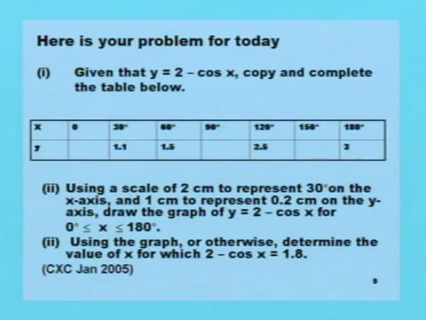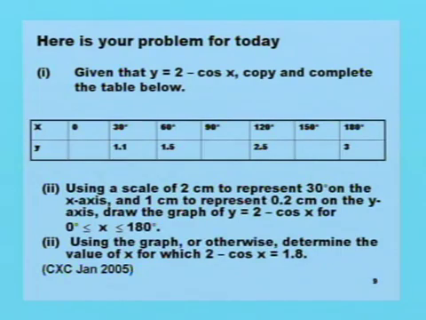Here is your problem for today. Part 1 of the question. Given that y is equal to 2 minus cos x, copy and complete the table below. We have started it. The examiner is giving you some help. So you have the x values 0, 30, 60, 90, 120, 150, and 180.